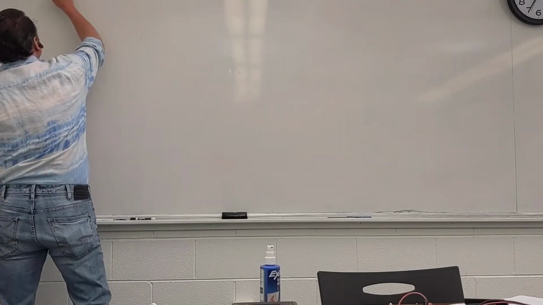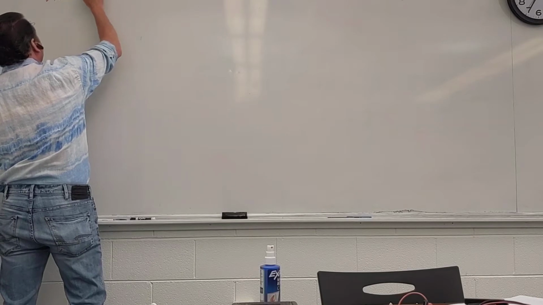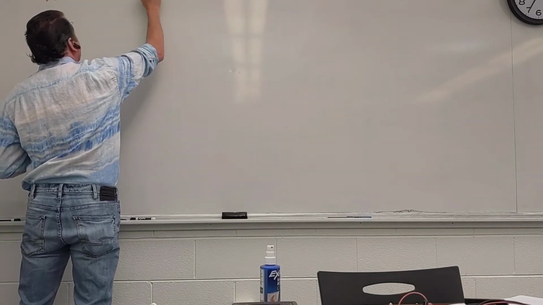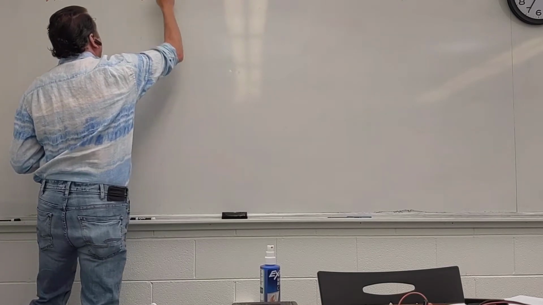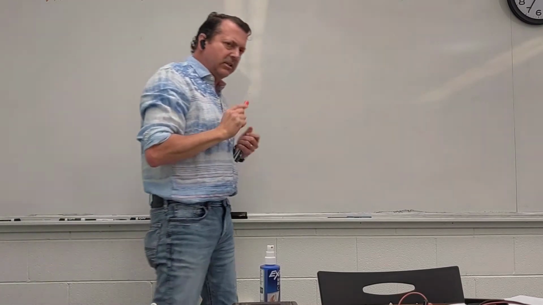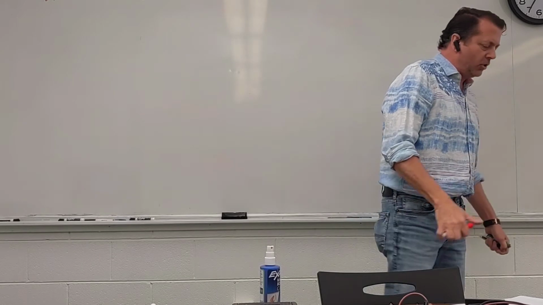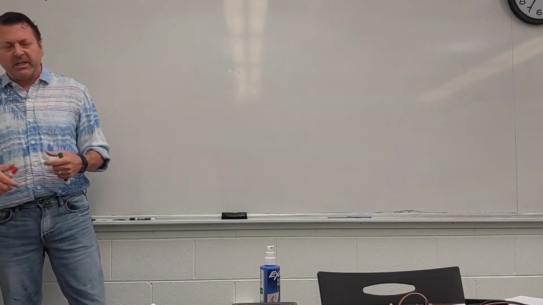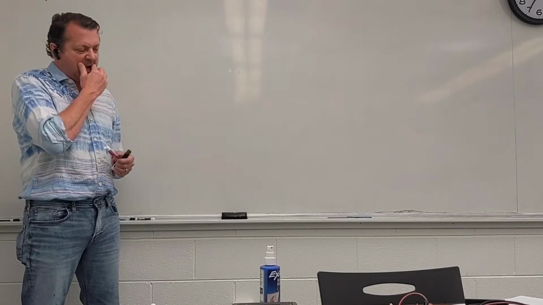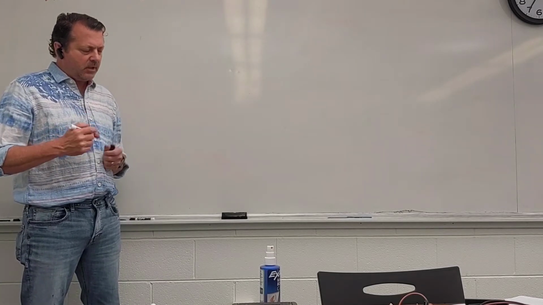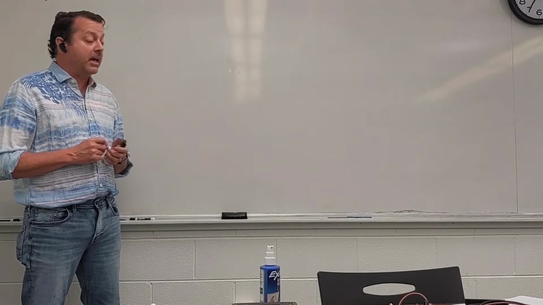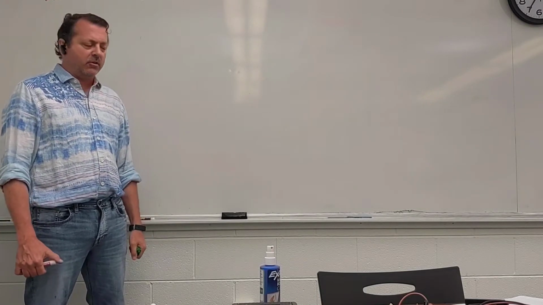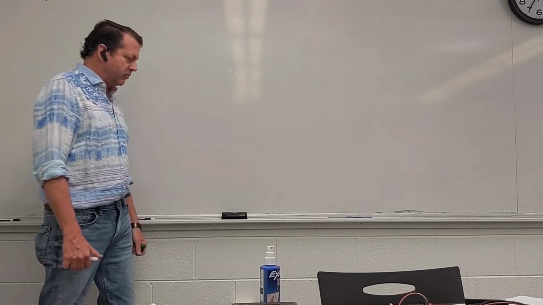Maxwell's equations, basically adding the displacement current to Ampere's law, really put it all together. And from that, Maxwell was basically able to say, okay, we figured out everything we need to figure out about electricity and magnetism.